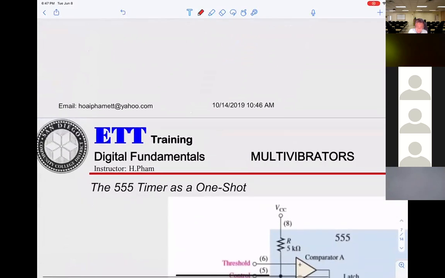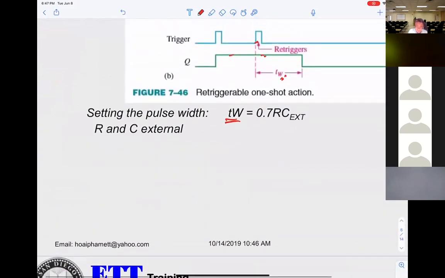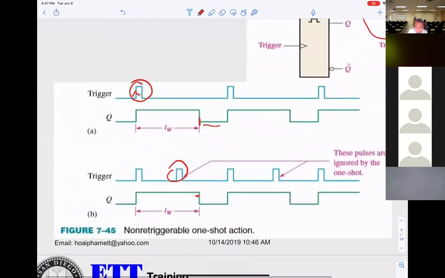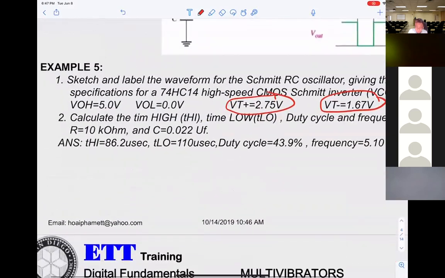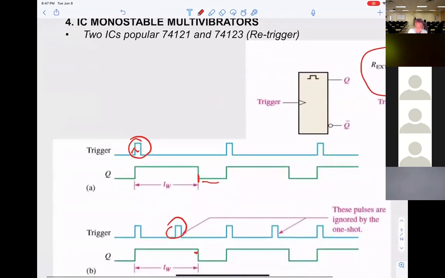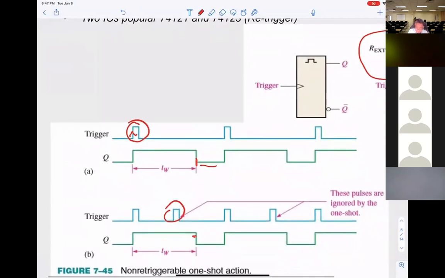Mr. Pham, I don't quite understand the difference between your two slides. On the first one, if you go up one more page. No, you passed it. Right here. On the lower one, it says these pulses are ignored by the one shot, because your width is wider than the trigger interval.